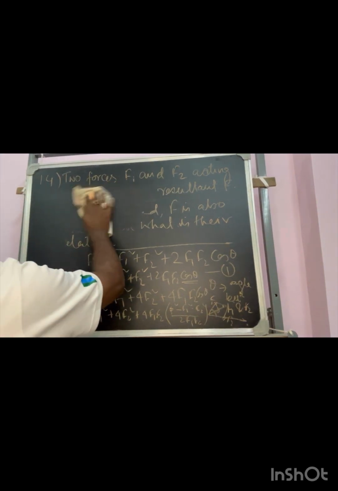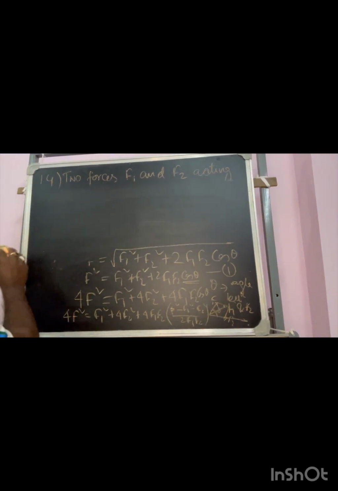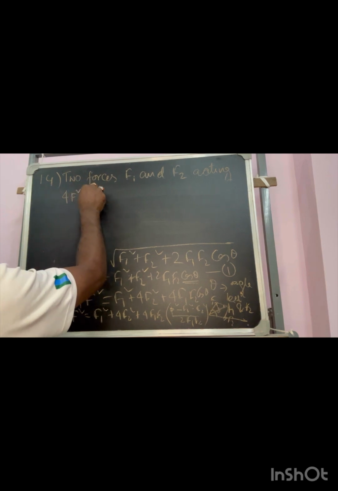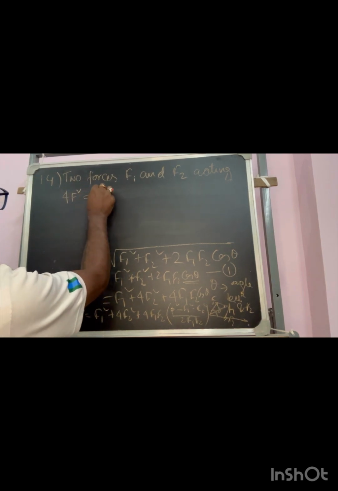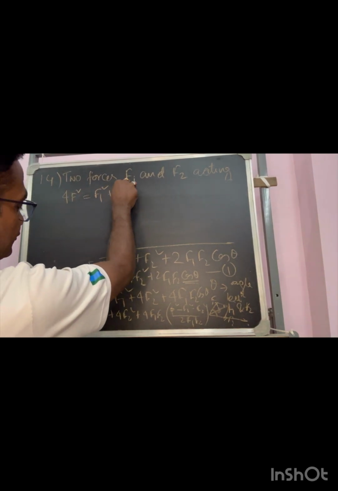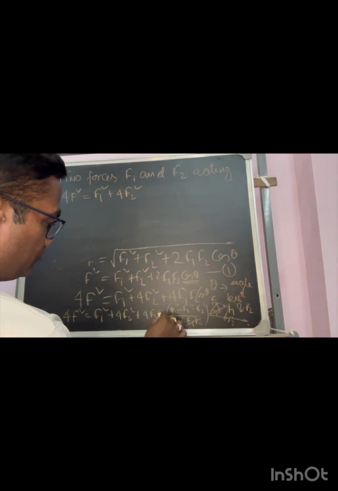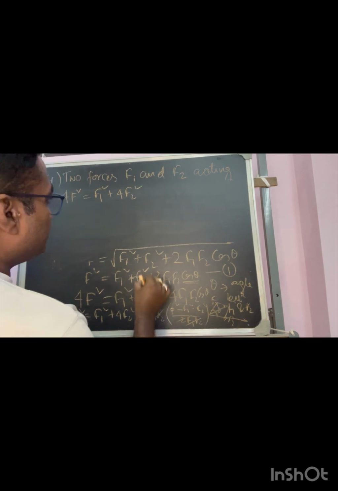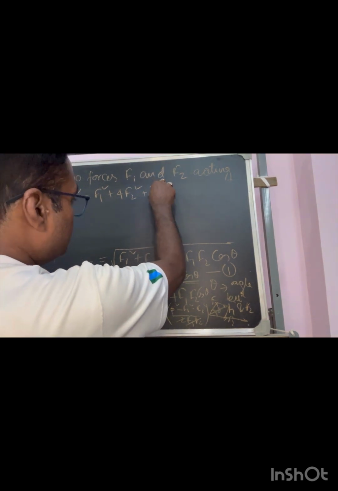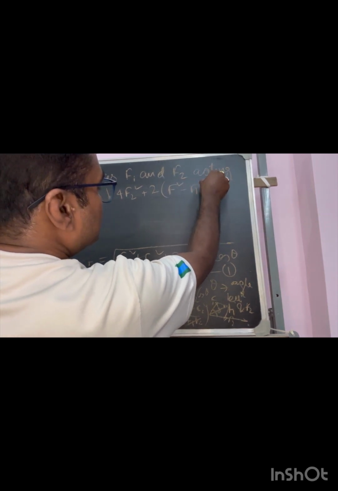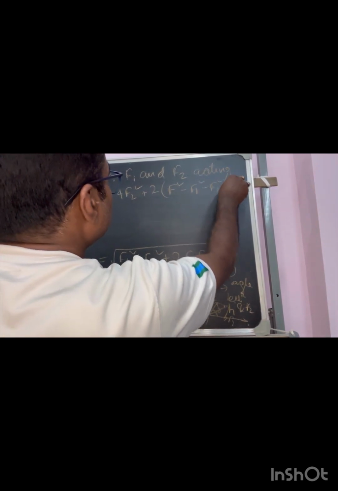Okay, so I will write it freshly over. So ultimately 4F square is equal to F1 square plus 4F2 square, and you can see that at the bottom F1 F2 will be cancelled out, 2 will be cancelled out, so ultimately we will get 2 in bracket F square minus F1 square minus F2 square.